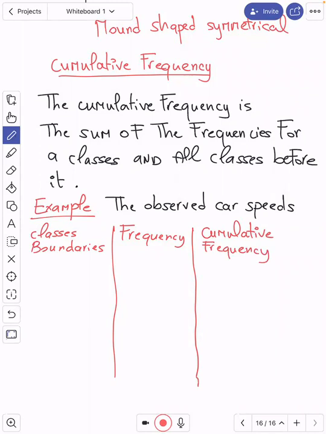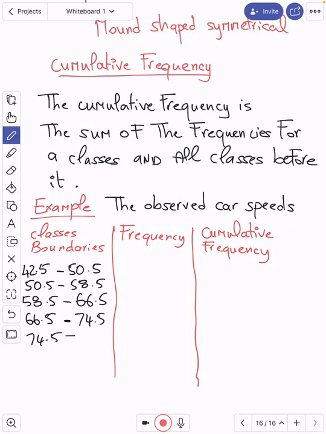It was 42.5 to 50.5, and then 50.5 to 58.5, and then 58.5 to 66.5, and then 66.5 to 74.5, then 74.5 to 82.5, and for the last class it's 82.5 to 90.5.